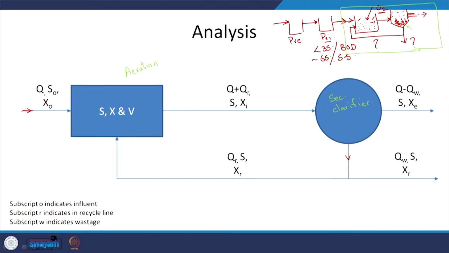So, the settled sludge is either going out as waste or is recycled back into our aeration tank, so that we have enough microbial concentration inside the tank.